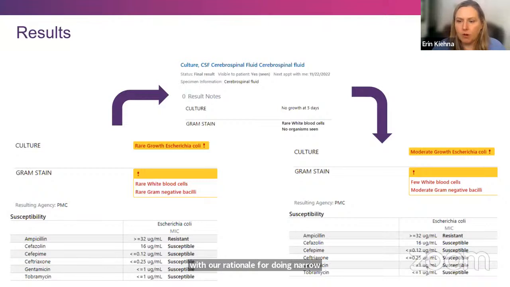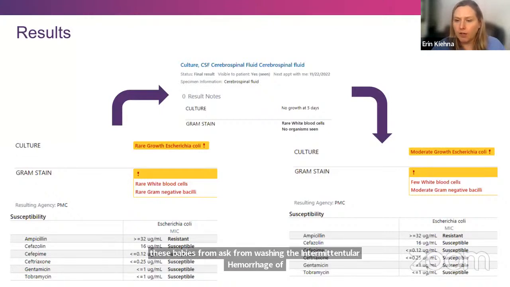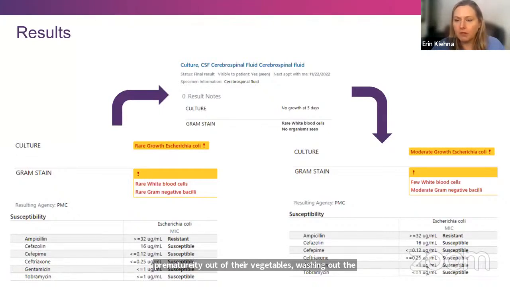And so this morning, I took on the advice of watching Dr. Tamale and other colleagues from Europe and their endoscopic lavage in these neonates, and did my second one, because I think we will significantly benefit these babies from washing the intraventricular hemorrhage of prematurity out of their ventricles, washing out the debris from prior infections before we place our catheters when possible.